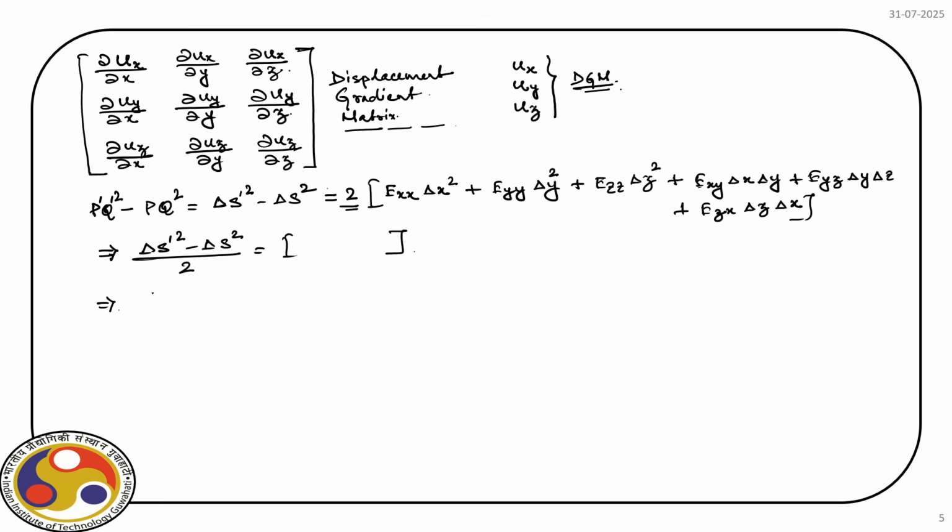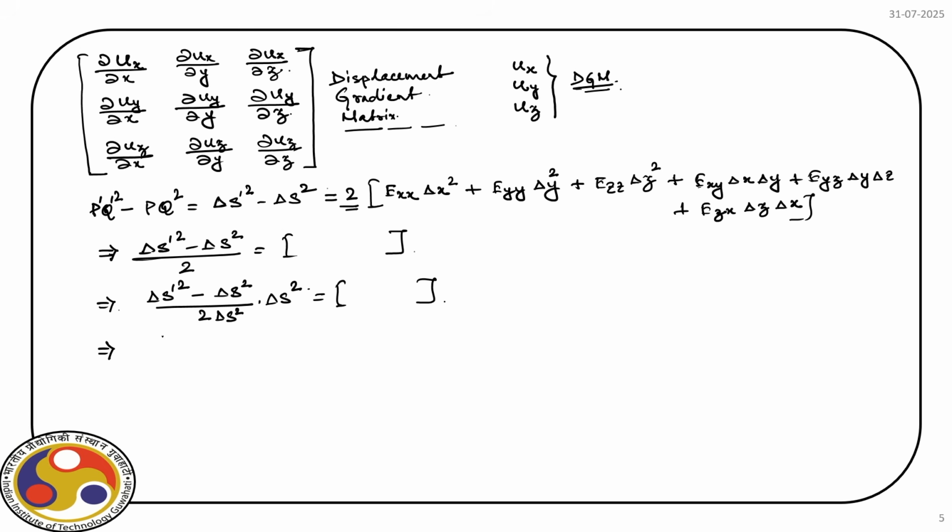We have delta s' square minus delta s square divided by 2 times delta s square, which is equal to the third bracketed term, right.